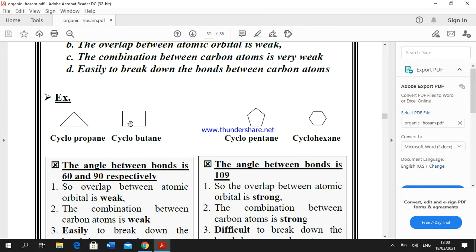When the number of carbon atoms is 4 and they make a cyclic structure by forming single bonds between carbon atoms, the compound formed is known as cyclobutane. And when the number of carbons is 5, it is known as cyclopentane, and so on, okay?